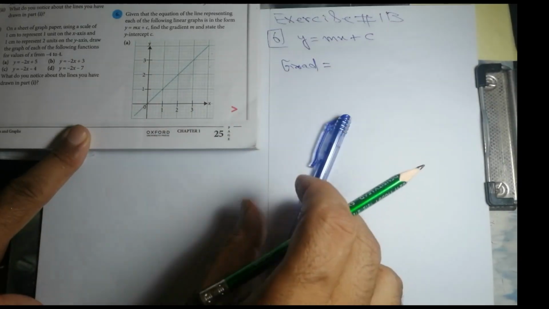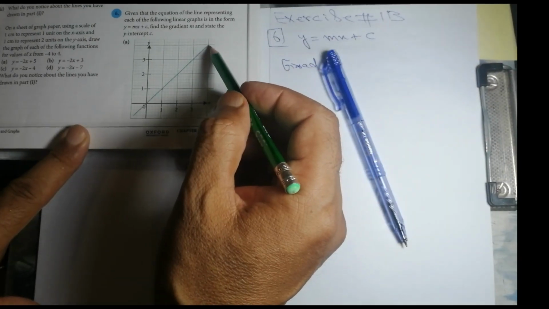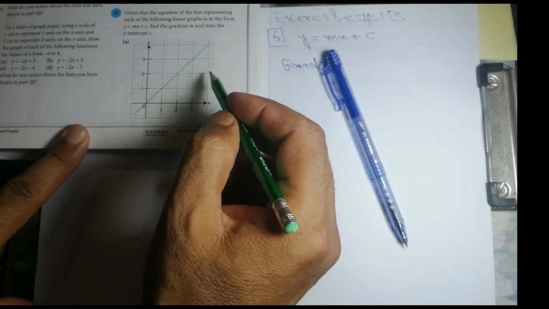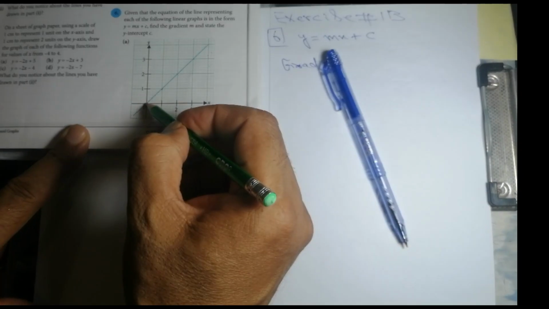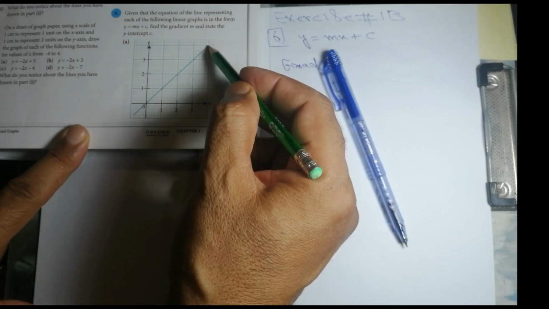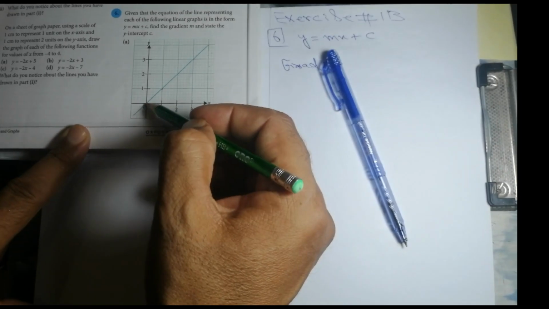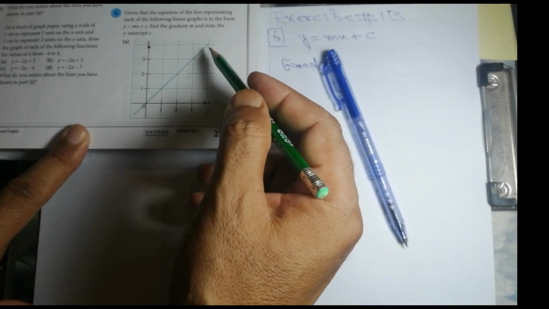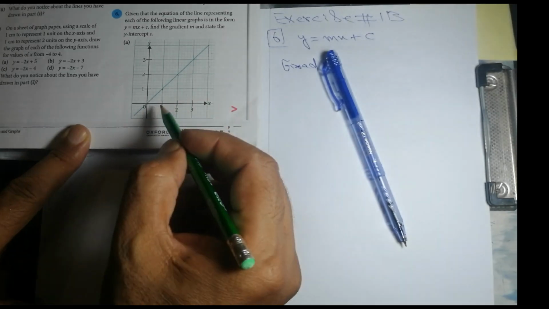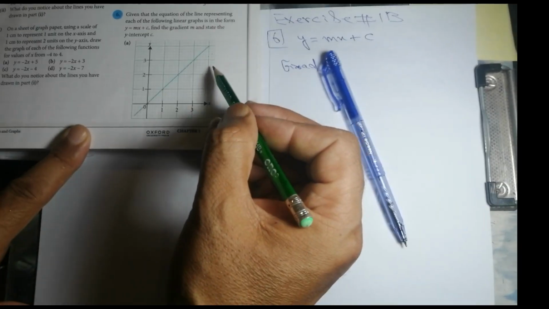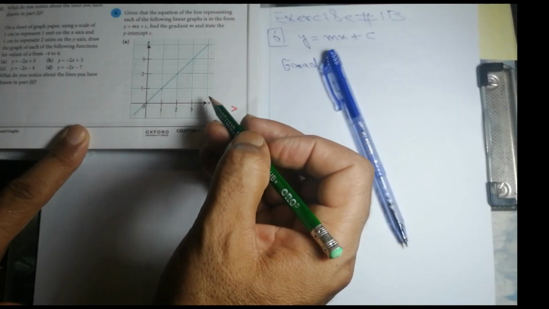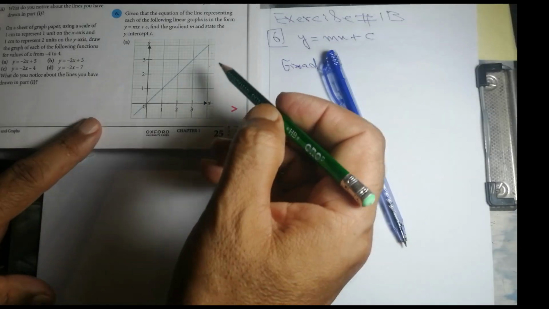So we can take rise over run. This line starts from here and reaches up to here. So now there is a change in the position of the line. And what is the change? Vertical distance divided by horizontal distance. Vertical distance is also called rise, and the horizontal is run.